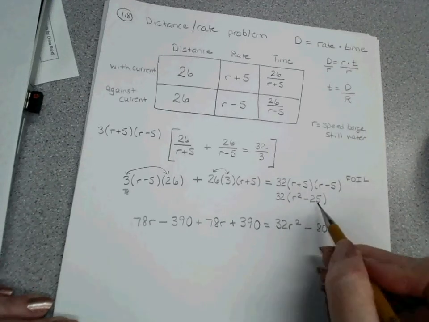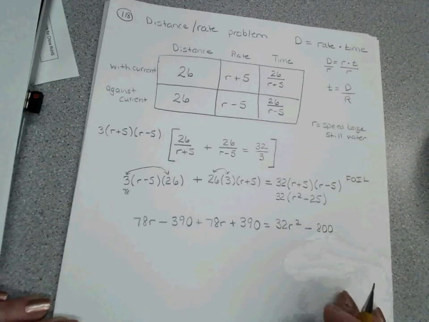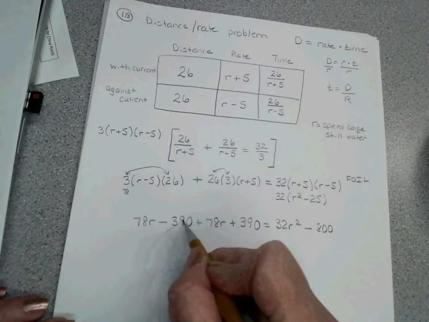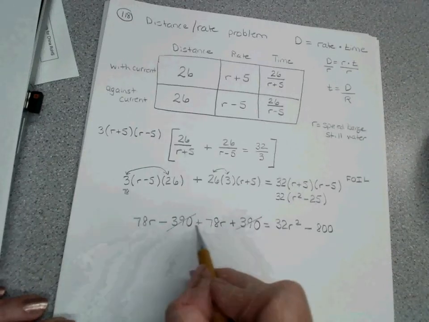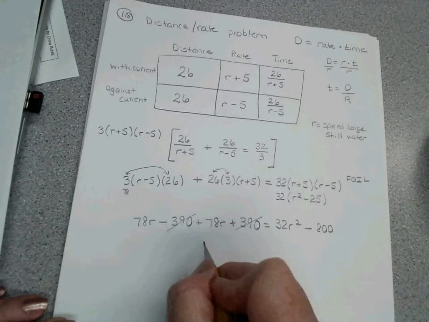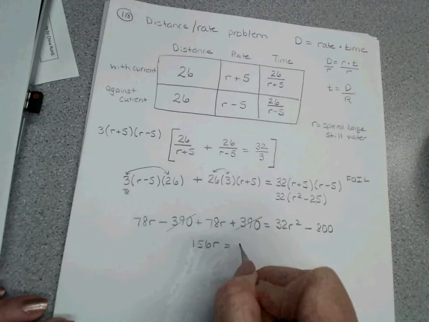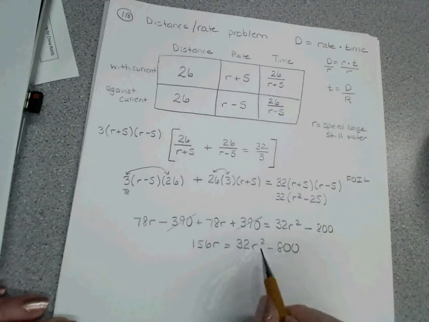And the reason I can do that so fast is there's 4 25s in 100. So 32 is 8 copies of 4 25s, so that's 800. Okay? Like terms, cancel, cancel. Combine these, that would be 156r equals 32r squared minus 800.